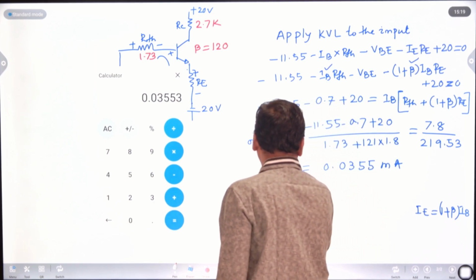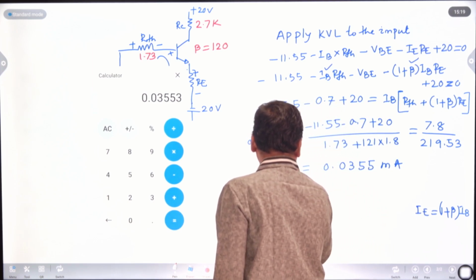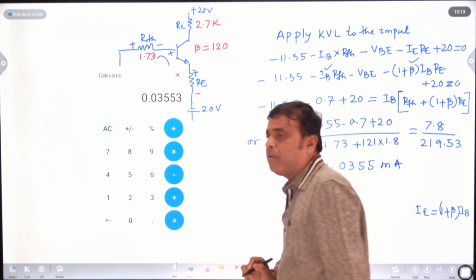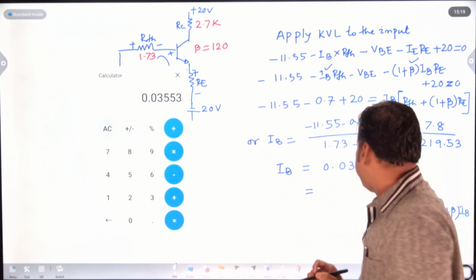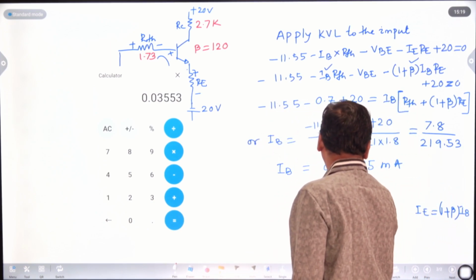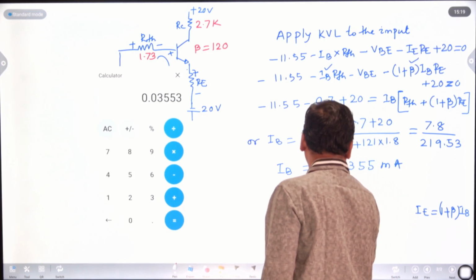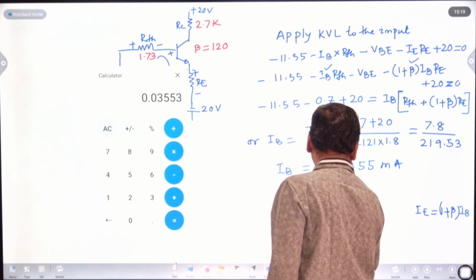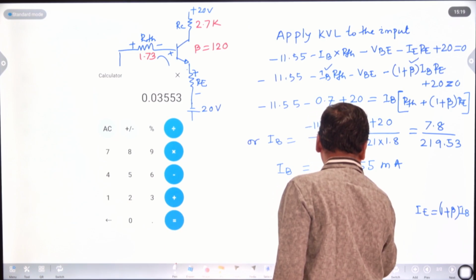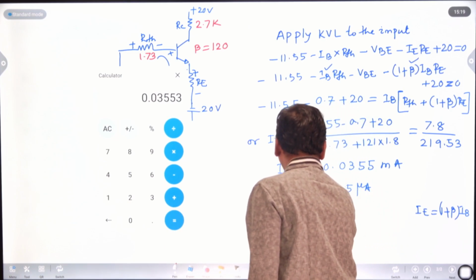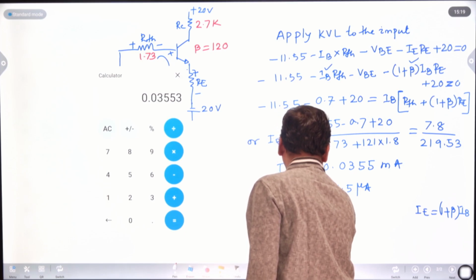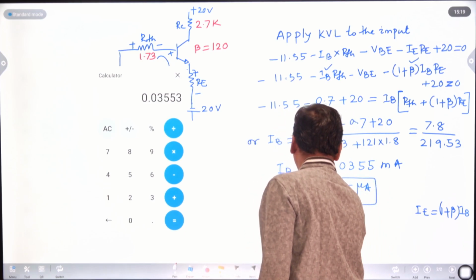This is the value of base current IB. You have to convert the base current in terms of microampere. So in microampere, again 10 to the power minus 3, because the decimal point moves 1, 2, 3 digits, 35.5. This is your 35.5 microampere. Your base current IB equals 35.5 microampere.